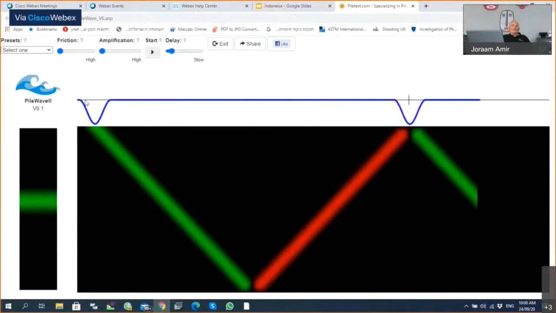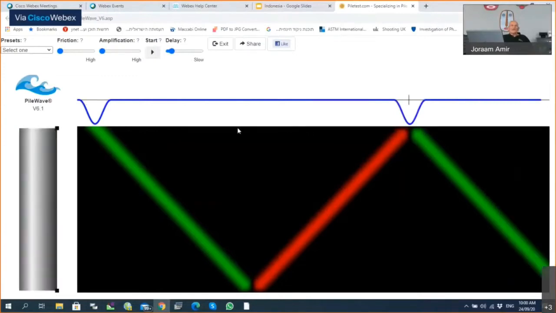This is the time axis, and this is the depth. You see that the wave caused by the hammer blow goes to the toe of the pile. It is a compressive wave, and it is reflected back as a tensile wave, and pulls the top of the pile a little bit down.